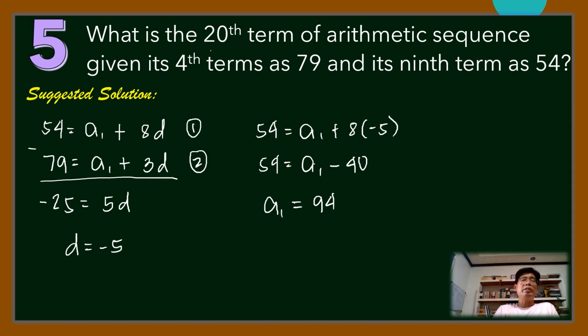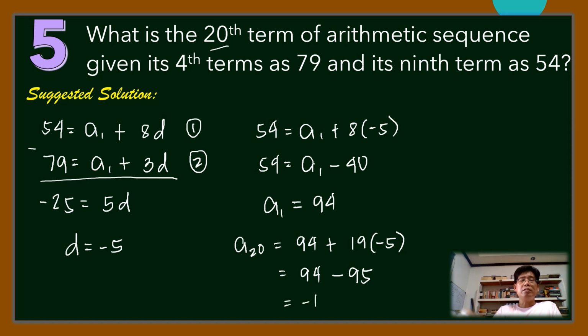Then we can solve for the 20th term, that is a sub 20 is equal to 94 plus 20 minus 1, that's 19, times negative 5. That's the common difference. So we have 94 minus 95. Hence, a sub 20 is negative 1.